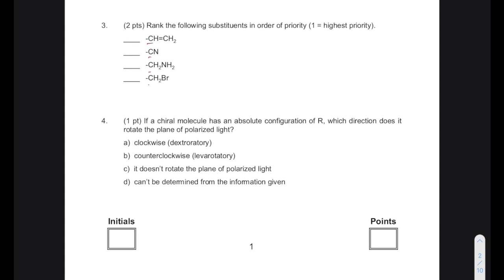That's the highest of all of them, so that's going to be priority 1. We then have 2 that are bound to nitrogen and 1 that's only bound to hydrogen and carbon, so that's going to be last. When it comes to these two, we have to realize that this is actually a triple bond to nitrogen, so it's like 3 nitrogens compared to only 1 nitrogen substituent, so it's therefore higher priority. So this is 2, and this is 3.